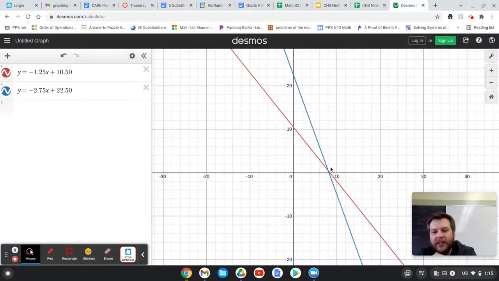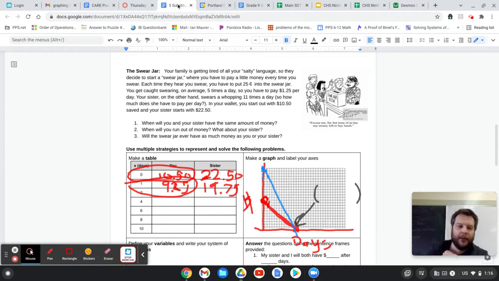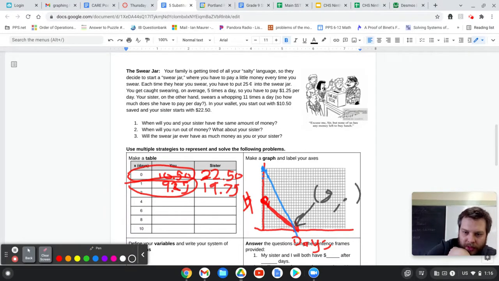The other nice thing about using Desmos is that they have a point of intersection that you can click on, 8 comma 0.5. Let's go back and look at our graph and we'll add that solution to it, 8 comma 0.5.